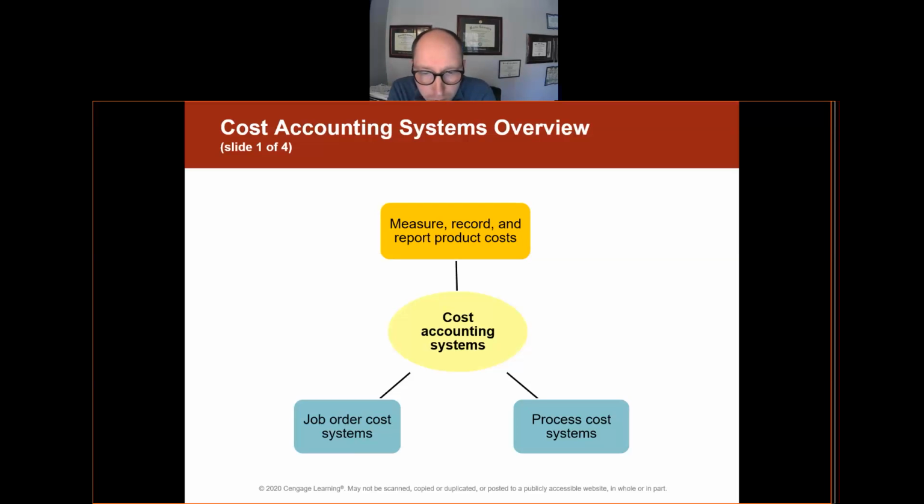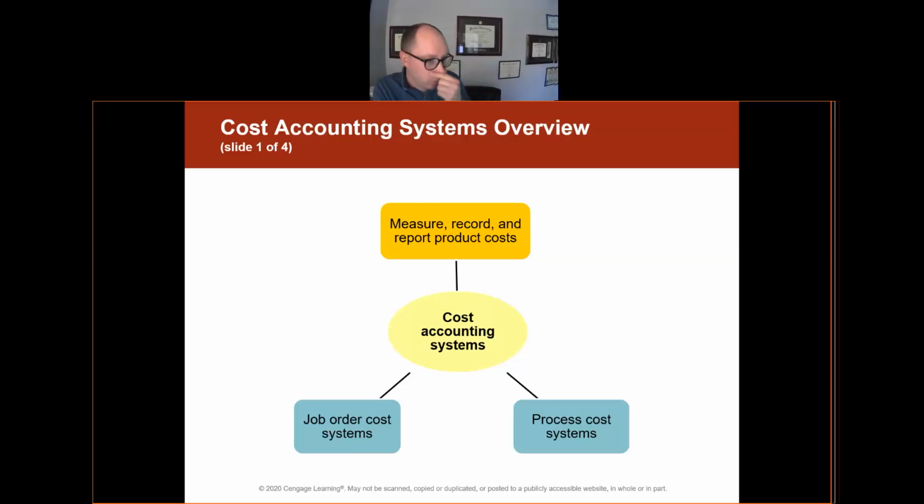There are two types of cost systems that make up the cost accounting system: a job order cost system and a process cost system. Here's the difference between the two. A job order cost system is where we track the cost by the job.